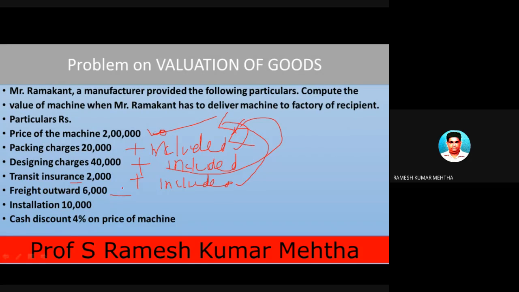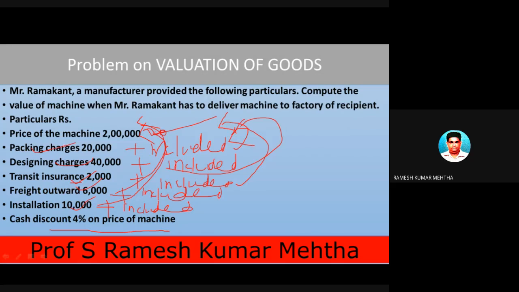Freight outwards should also be included and added to this price. In the same way, installation costs are incurred by the manufacturer, and hence should be included in the price. So of these 6 items, items 1 to 5 should be included, that is, added.